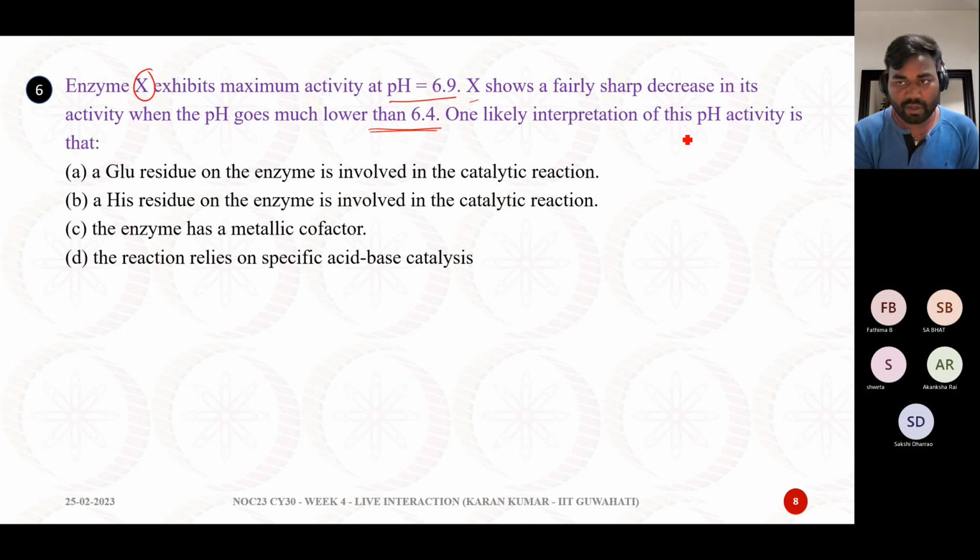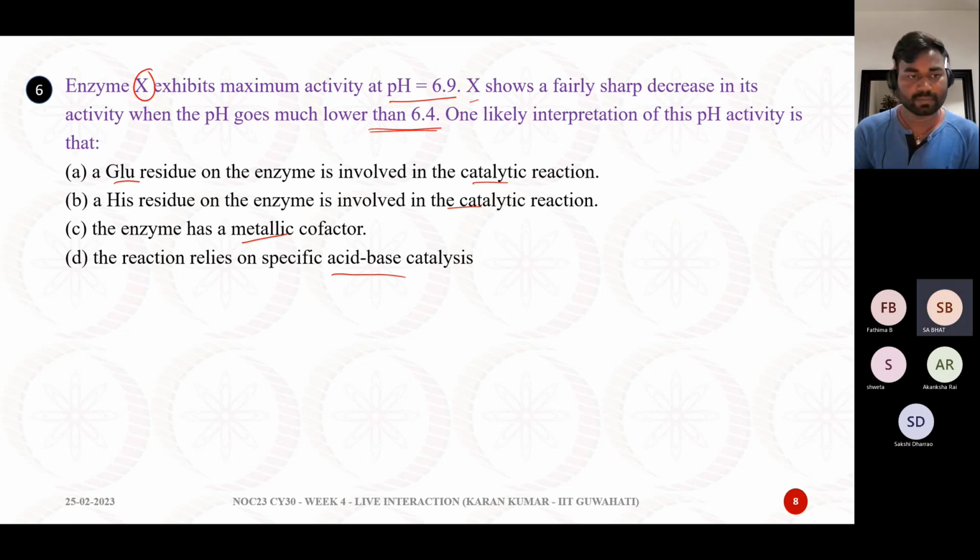One likely interpretation of this pH activity is that glutamic acid residues on the enzyme are involved in the catalytic reaction, or a histidine residue is involved, or the enzyme has a metallic cofactor, or the reaction relies on specific acid-base catalysis. Which statement is correct? Which statement is more apt?